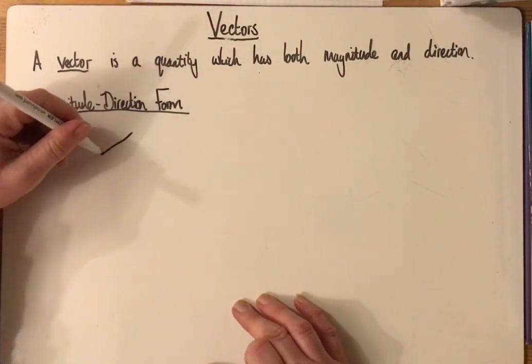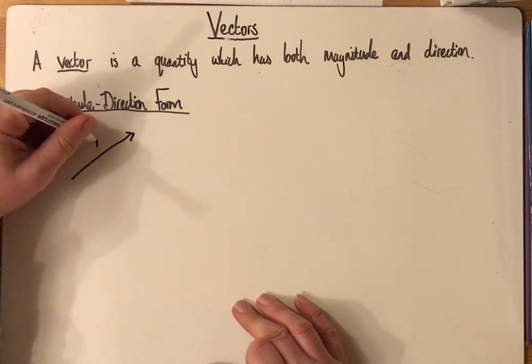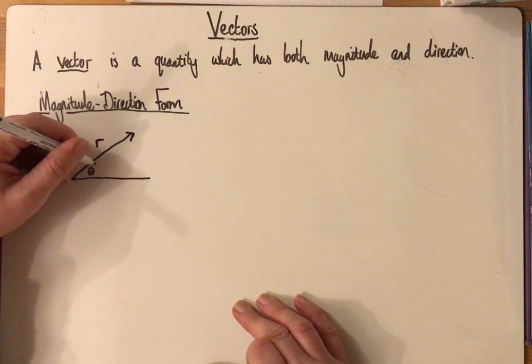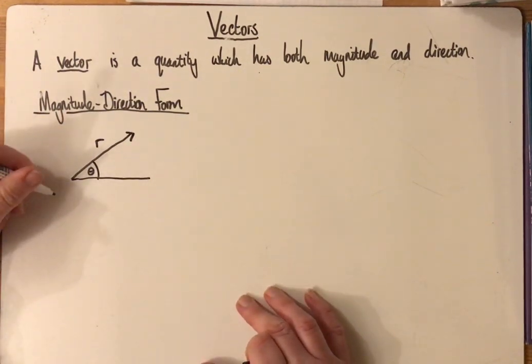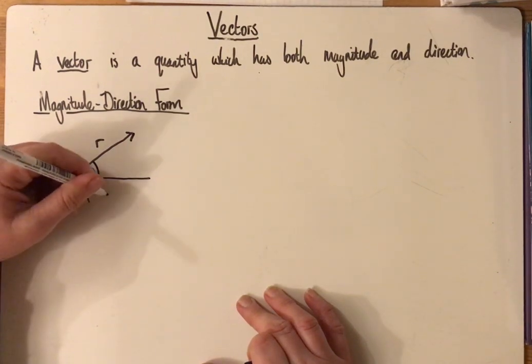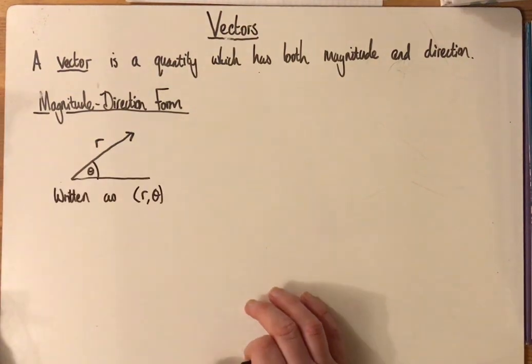The way this works is we have a length r and an angle theta, and this is written as r theta.